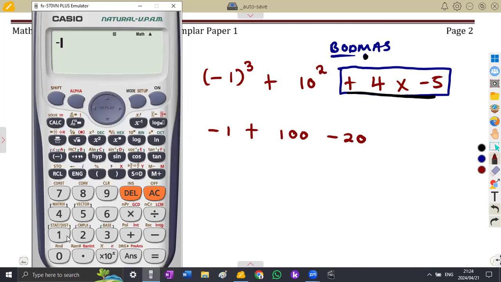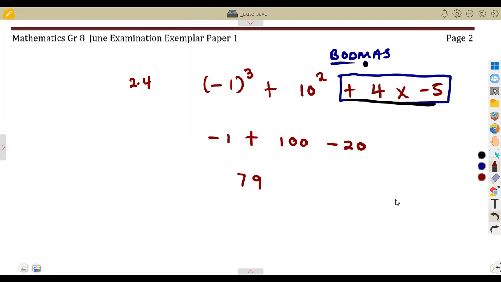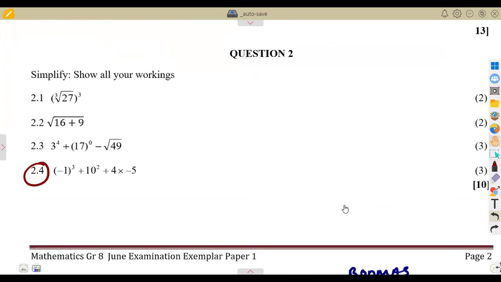You're going to obtain all the marks that you're given, minus 1 plus 100, then you subtract 20 like this. This is going to give us 79. With this, you can obtain full marks at that stage. So understand your BODMAS. It is very, very important in your simplification to understand that. Know it. So this was a 10-mark question on number 2.